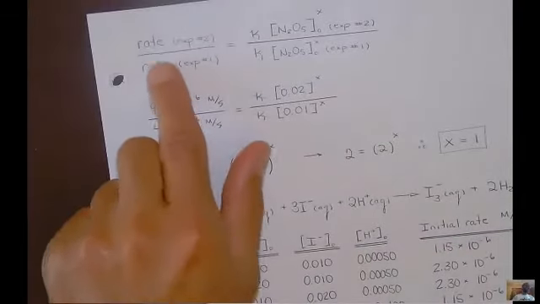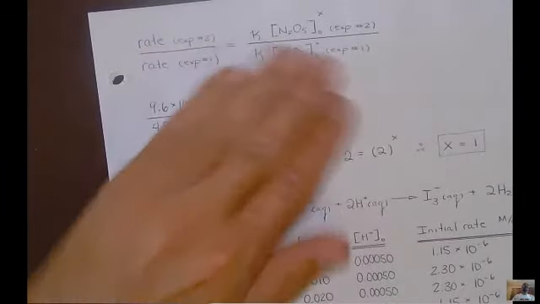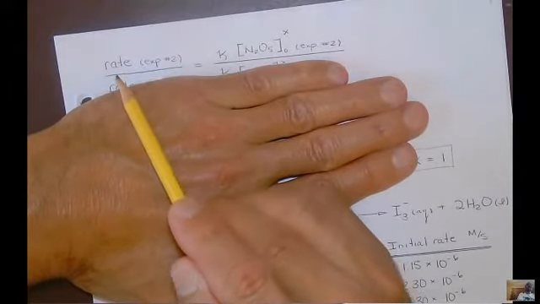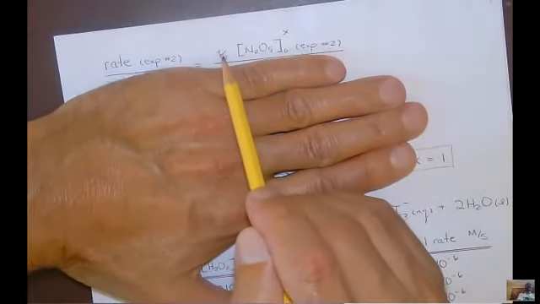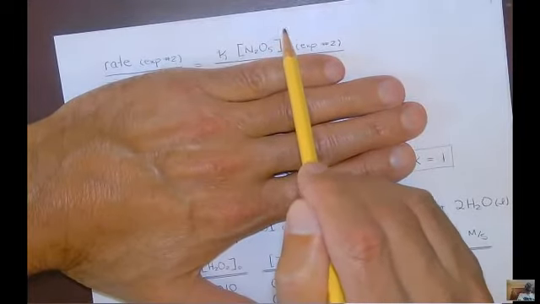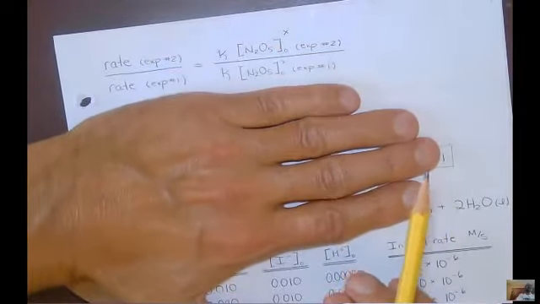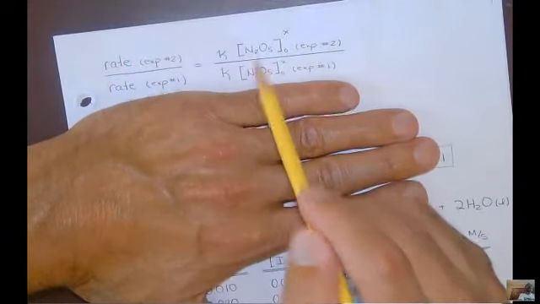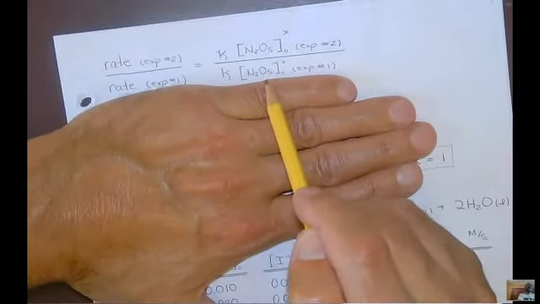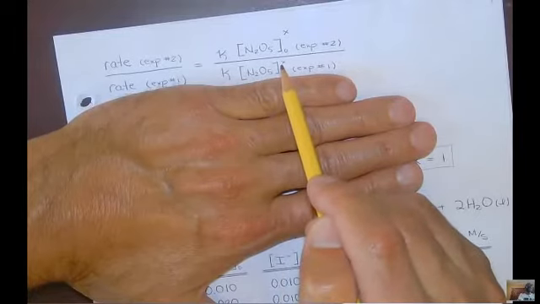Okay, so for experiment 2, we know that this is always true: rate is equal to a rate constant times the initial concentration of whatever the reactants are to the x power. Well, for the first experiment, rate is equal to that same constant times the initial concentration to the x power.